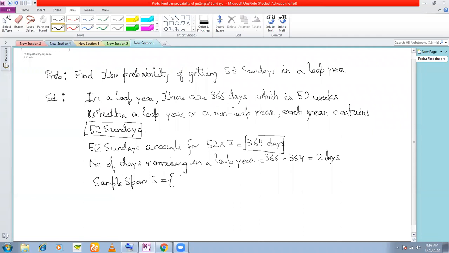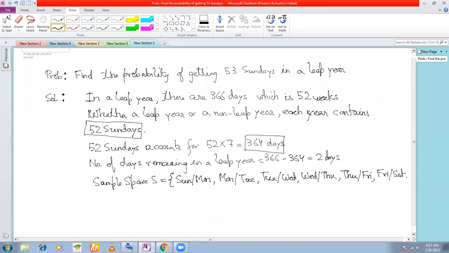Either this day can be a Sunday and a Monday, or Monday, Tuesday, or Tuesday, Wednesday, or Wednesday, Thursday, or Thursday, Friday, or Friday, Saturday, or Saturday, Sunday.